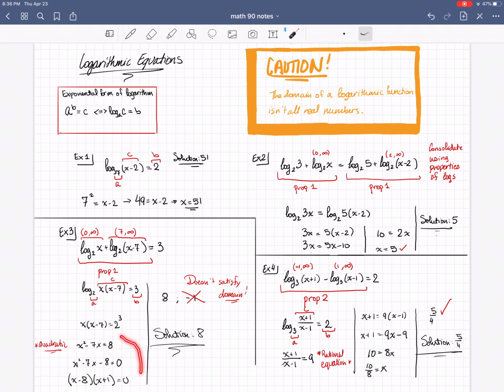Solve the resulting equation. Might be quadratic, might be rational, might be linear. And after you've solved and you get solutions, don't forget to check that they satisfy the domains, which you determine by looking back at the original equation.